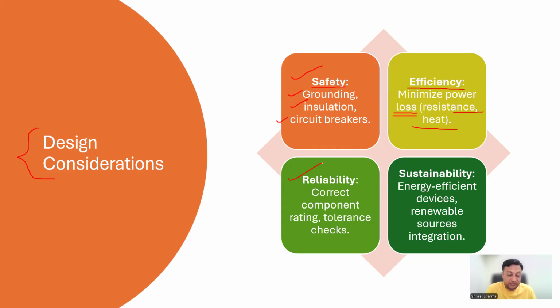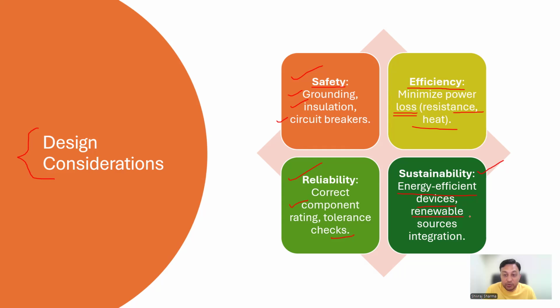Reliability. If your system or your design is not reliable, it will not get success in the market, or even it will not work properly. So correct component rating and tolerance checks need to be done with it. Fine. Last, not the least, the sustainability. Energy efficient devices you need to use.